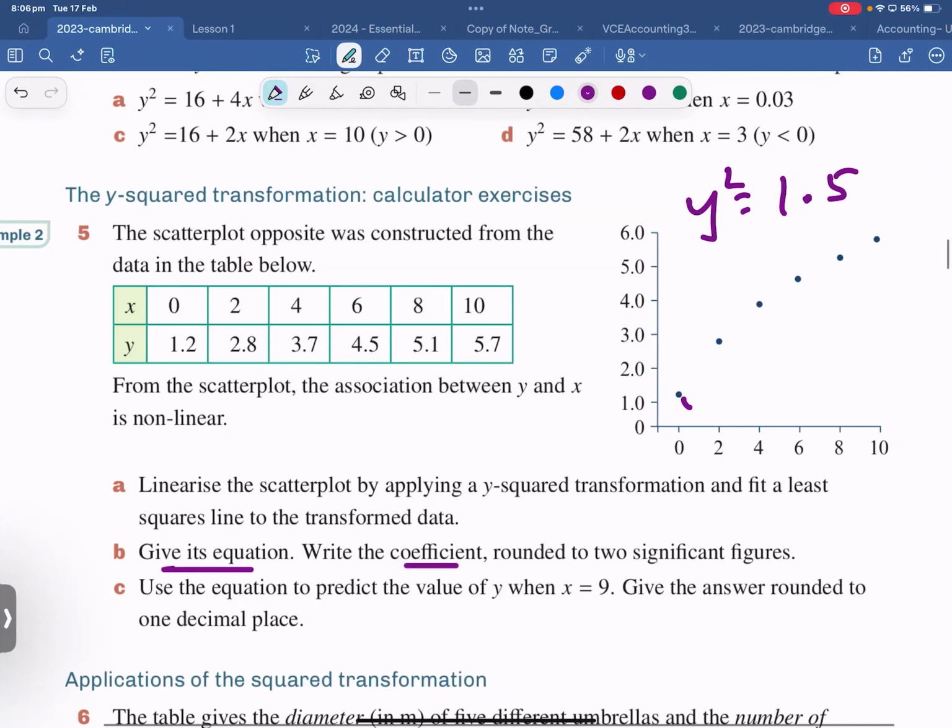But I got the equation as 1.44 plus 3.2x. So then two significant figures. That means, but that's only asking for the coefficient, not the entire equation. So only the coefficient of x would be written to significant figures, because the rest is just an intercept. I think we had to write the other one also to two significant figures.